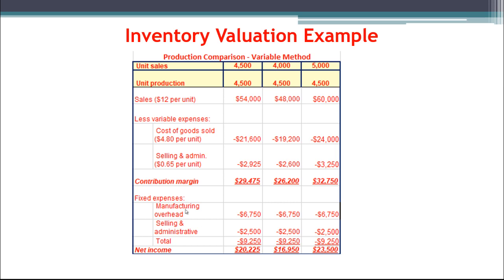The fixed manufacturing overhead and the fixed selling administrative, they go below the line. So that's the difference here. Instead of having this manufacturing overhead be part of our cost of goods sold, it's down here as a period expense. The entire $67.50 is going to be expensed in that period regardless of what we sold. That is the key difference.